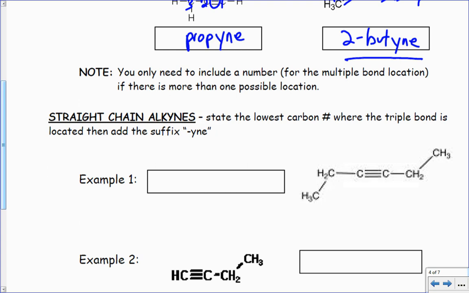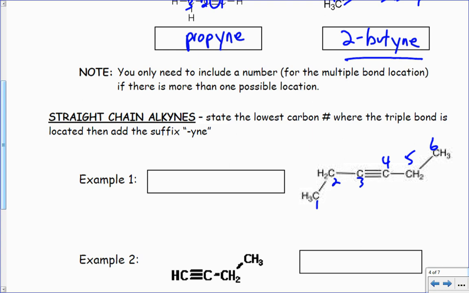Okay. Straight chain alkynes: state the lowest carbon number where the triple bond is located on the suffix. Again, if I start on this side, it's 1, 2, 3. If I start on this side, it's 1, 2, 3. So in this particular example, it doesn't really matter. It's going to be on the 3 either way. I have 1, 2, 3, 4, 5, 6 carbons.